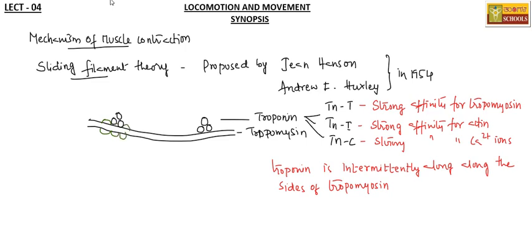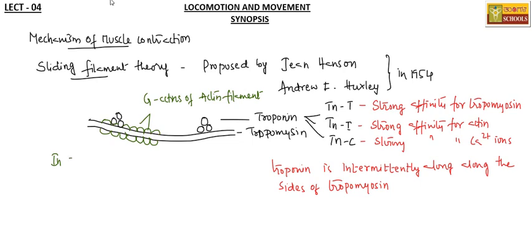This tropomyosin molecule will cover the active sites on these actin molecules. These are all the G actins of the actin filament.